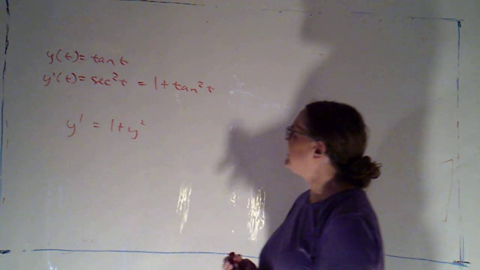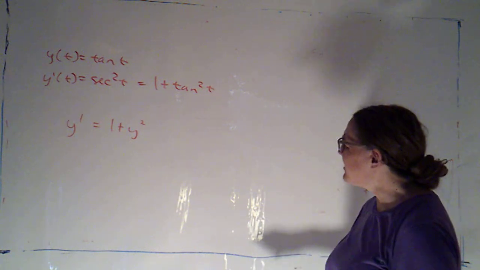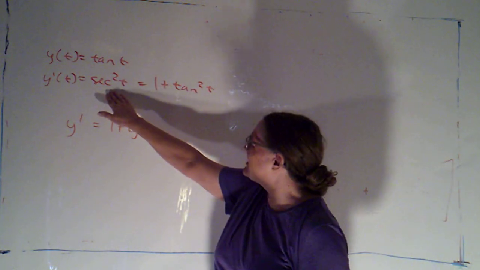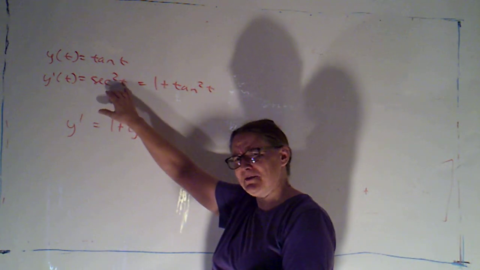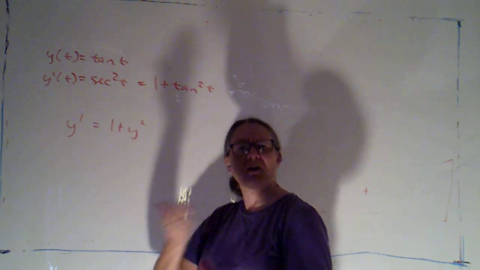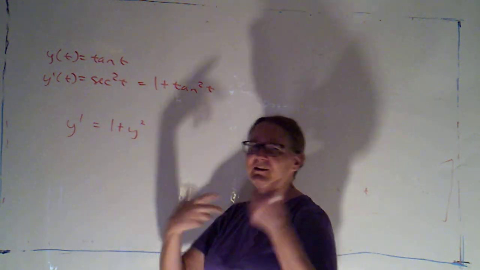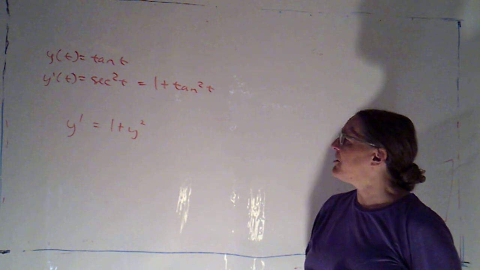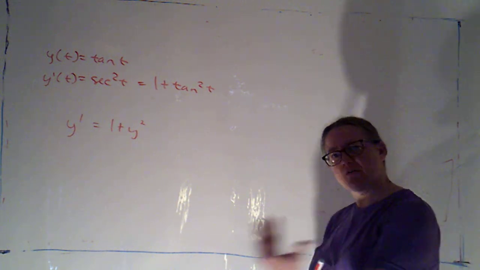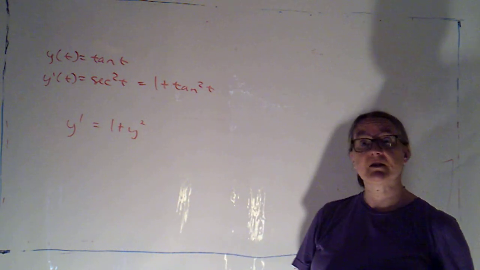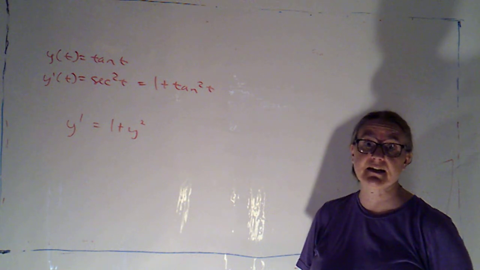But the first derivative is secant squared. The second derivative is 2 times secant times tangent. The derivatives just get more and more complicated, and I start having to use product rule again and again and again. So finding a whole bunch of derivatives to find the Maclaurin series by the definition is incredibly tedious.